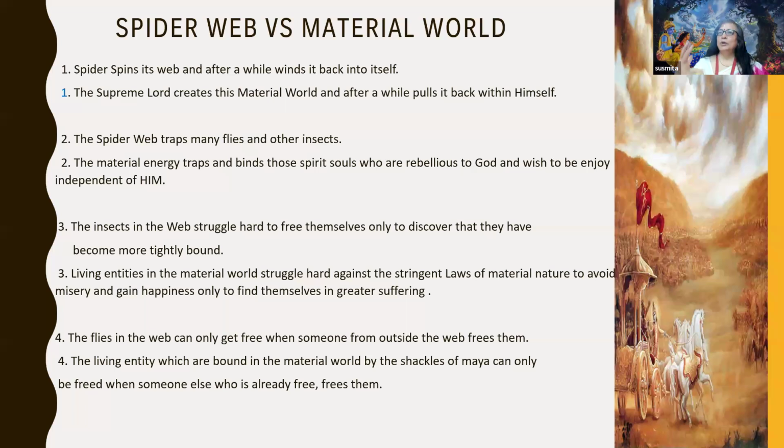And what do they do? Why do we get attracted to the material world? Because we want to enjoy away from God. Because we want to enjoy away from God, we get trapped in this material world. Just like in the spider web, the insect struggles to get free, and the more it struggles, the more it gets bound.